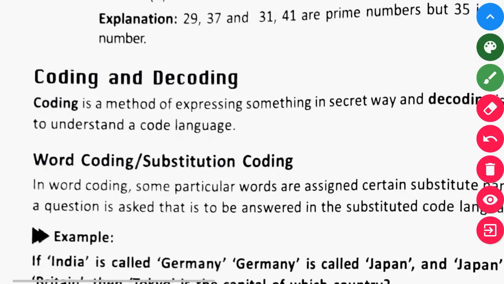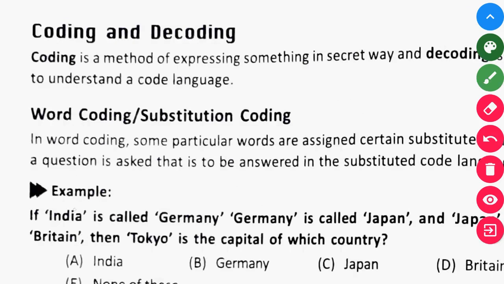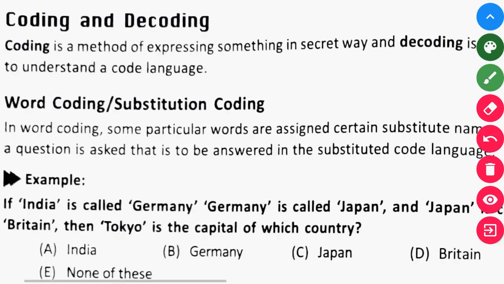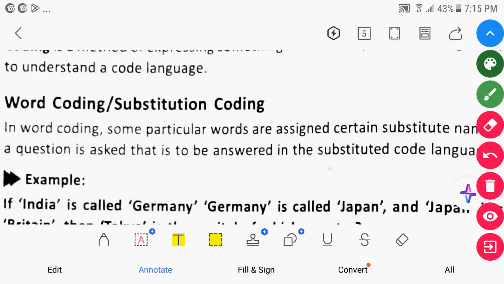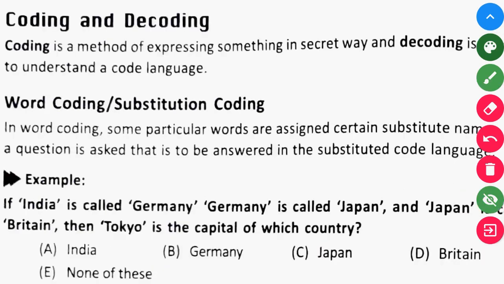Now the next is coding decoding. Some codes are assigned to certain substitutes and the questions are asked on the basis of that substitute. Okay, so India is Germany, Germany is Japan, Japan is Britain. Then Tokyo is the capital of which country?